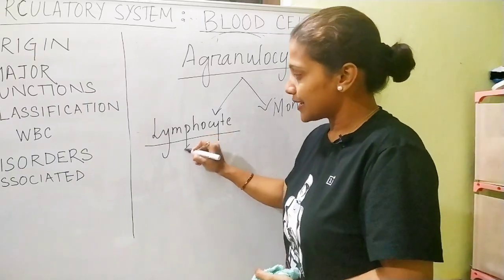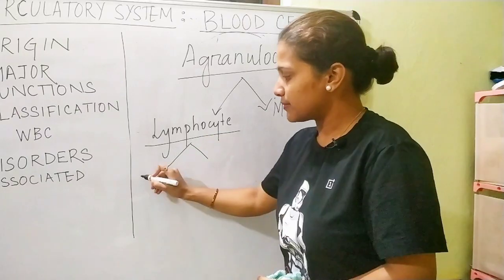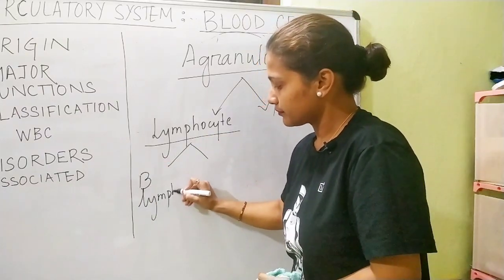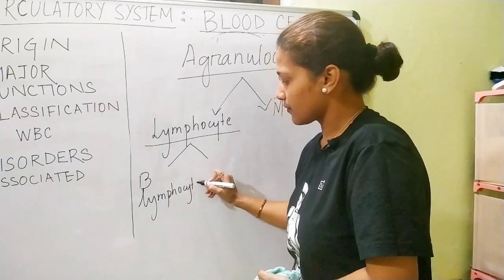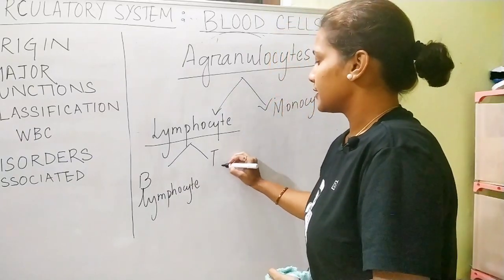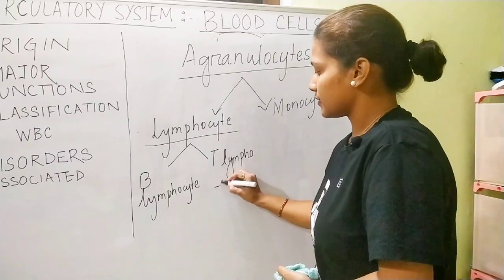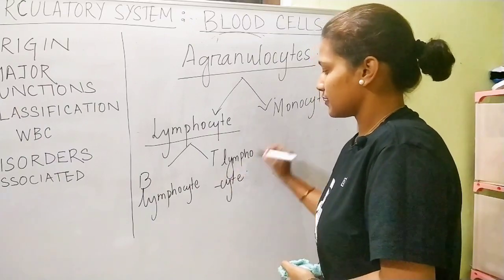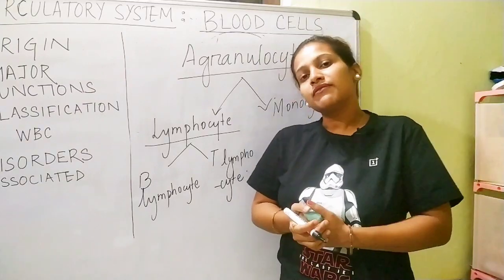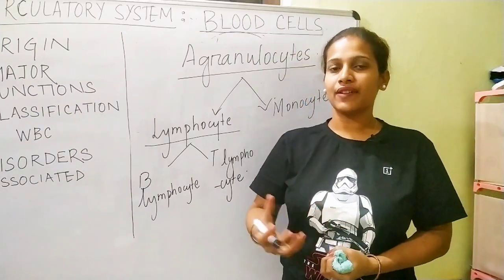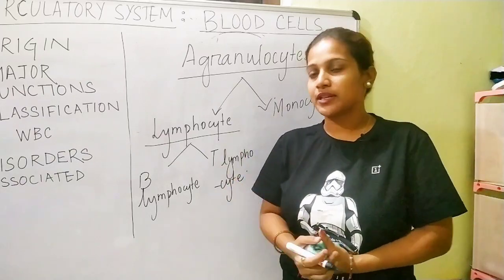So these lymphocytes are again of 2 types: B lymphocyte and T lymphocyte. B lymphocyte is mainly associated with the production of antibodies. Now what are antibodies?